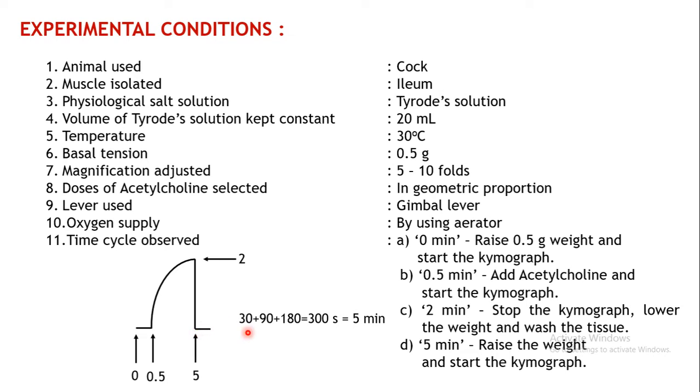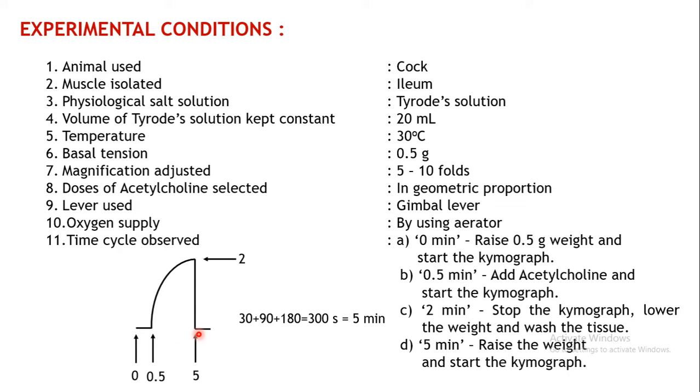Okay, so this is how the time cycle is calculated. So it's for 5 minutes, in the sense 30 seconds is for your baseline from here to here, 90 seconds is for your response, that is from this point at 0.5 you start with your response for 90 seconds. So that is added to your baseline time, that is 30 seconds.